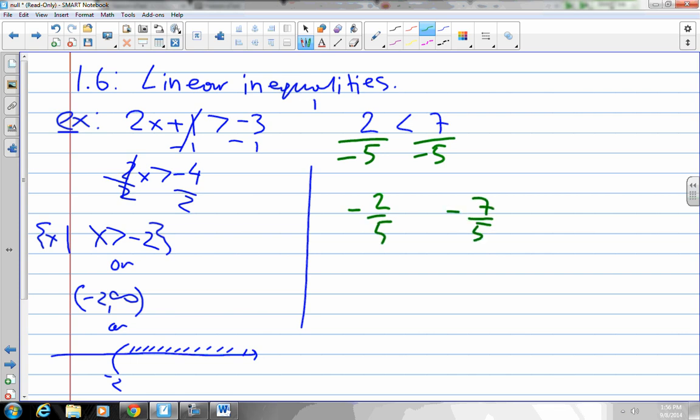Which one is bigger? -2/5, right? It's closer to 0, to the right of -7/5. So again, the inequality flips. The only time the inequality needs to be reversed is when you multiply or divide by negative numbers.